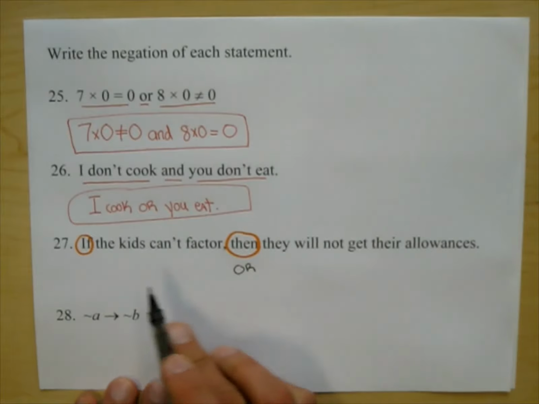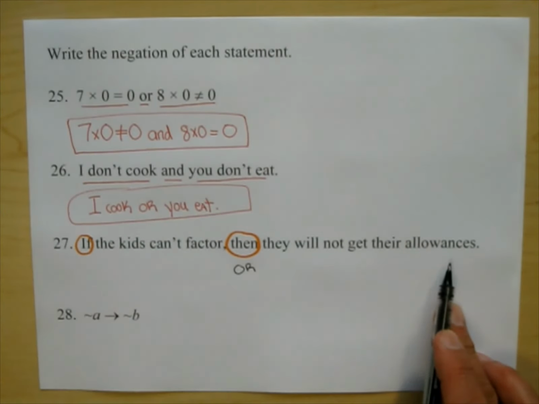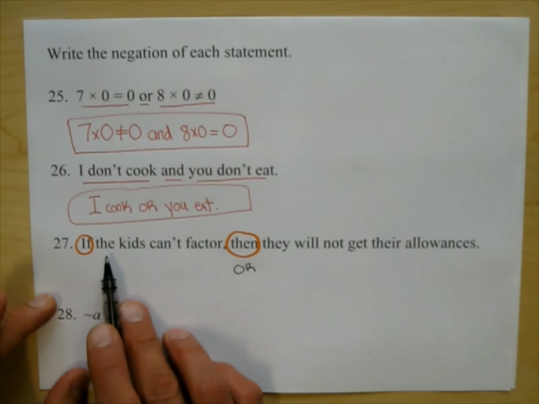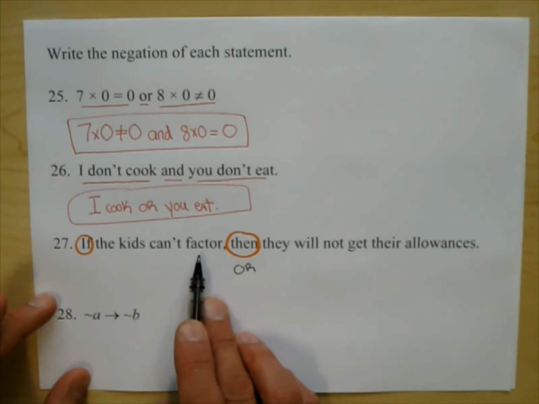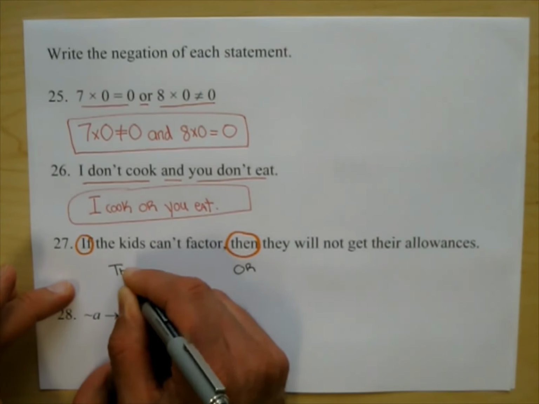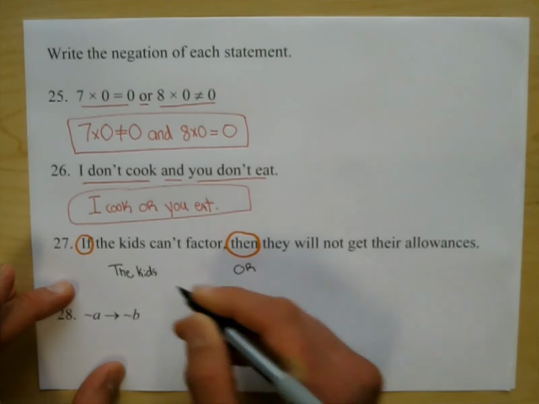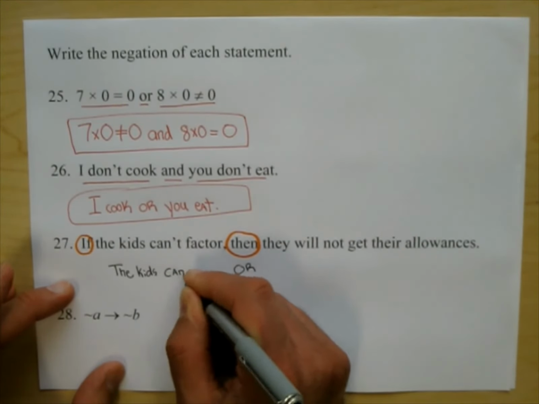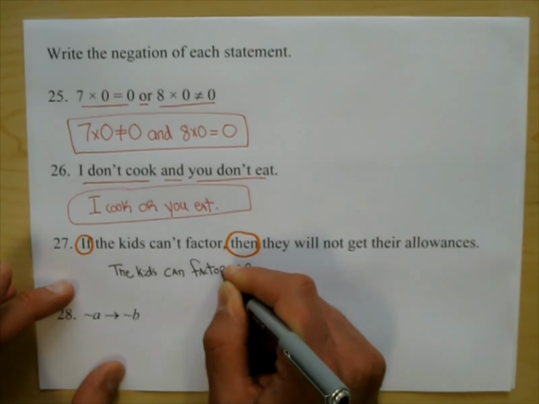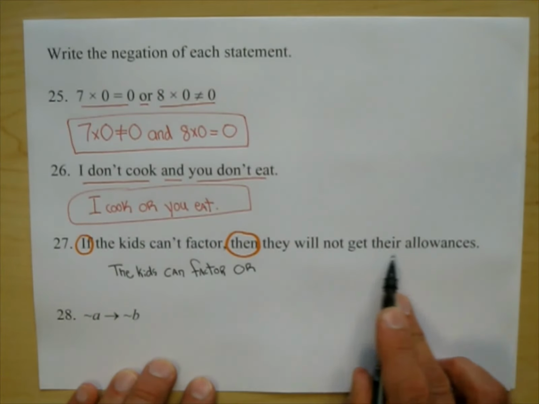Okay, so now which one gets negated, the first part or the second part? The part that gets negated is always the first part. So the kids can't factor. Okay, so we can write that as the kids can factor. Or, and then the second part we just leave alone.